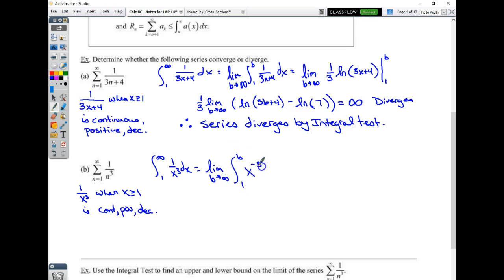And I'm going to rewrite 1 over x cubed as x to the negative 3 dx. And I just need to know what is the antiderivative of x to the negative 3.